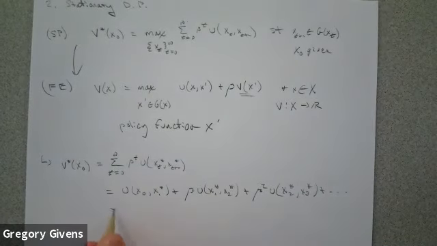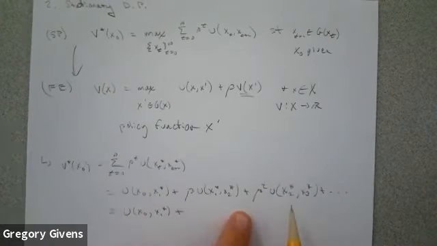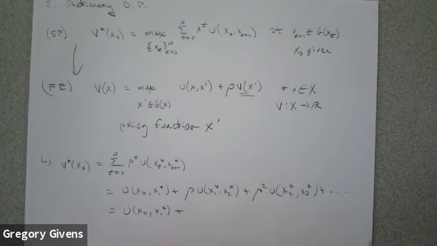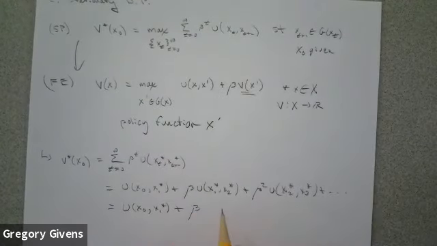Well, imagine splitting this infinite sum into two components: u of x0, x1 star, plus, now factor out a beta from the rest of the sum, and you get beta times the sum from j equals 0 to infinity of beta to the j times u of xj plus 1 star, xj plus 2 star.